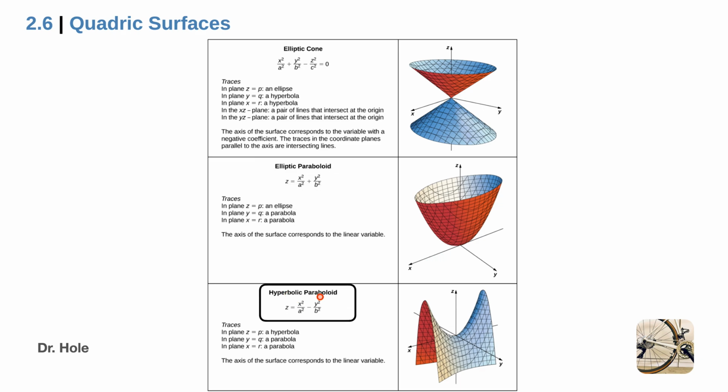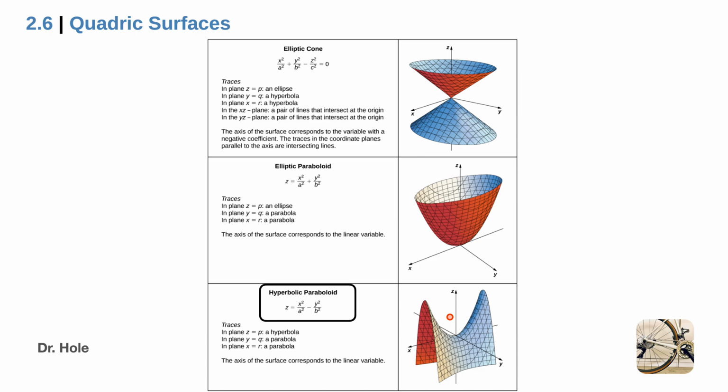Versus the hyperbolic paraboloid is set equal to a difference of squares, and thus the isolated variable can be any real value. On both the elliptic paraboloid and the hyperbolic paraboloid, vertical traces are parabolas. The elliptic paraboloid, horizontal traces are ellipses.